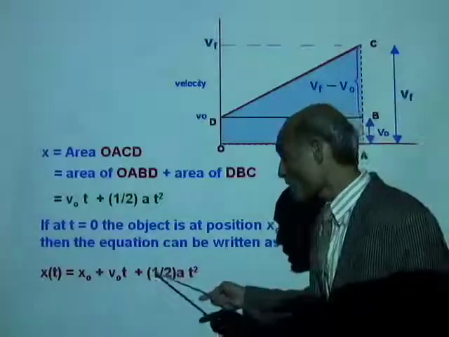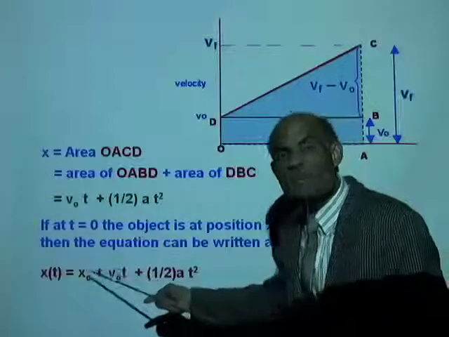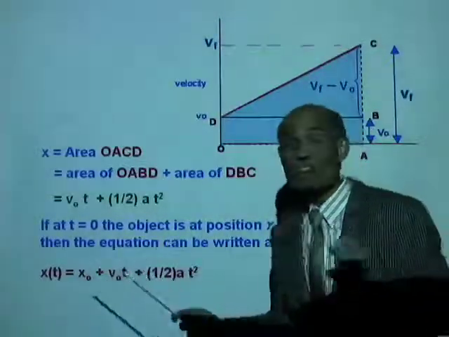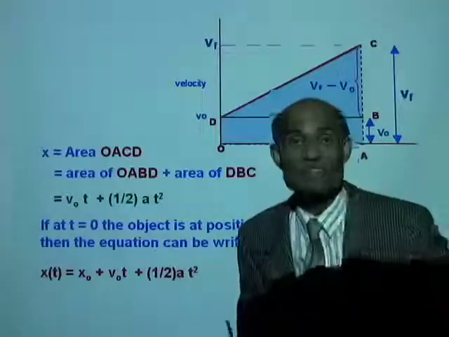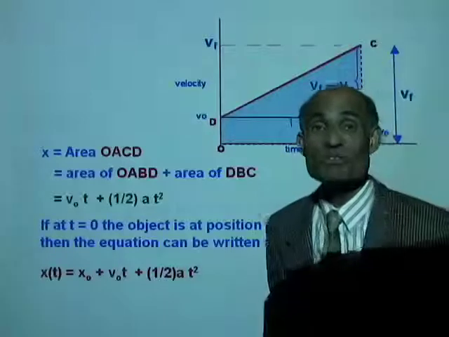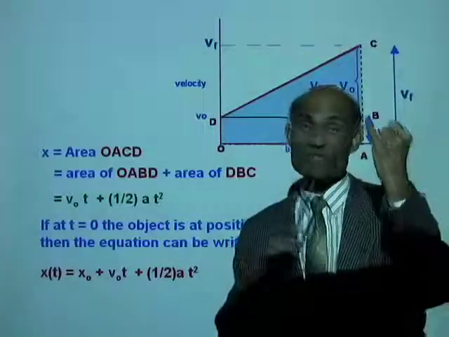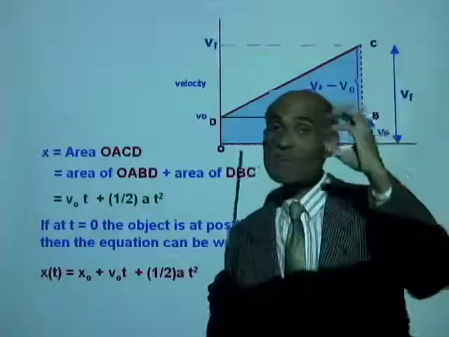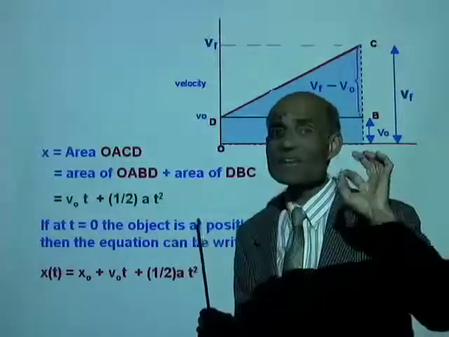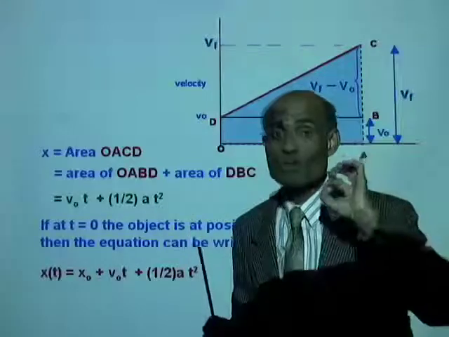Now what is the quantity that is missing from this equation? This equation does not contain the final velocity. We eliminated the final velocity using the first equation. So you can see the first equation doesn't contain the displacement. The second equation doesn't contain the final velocity.